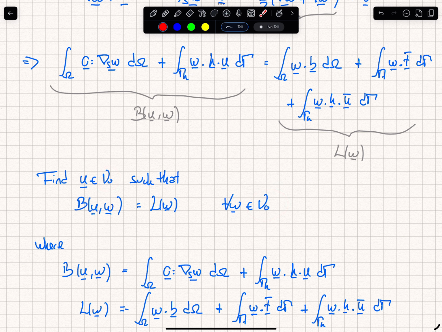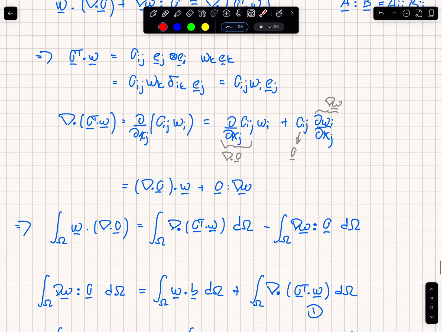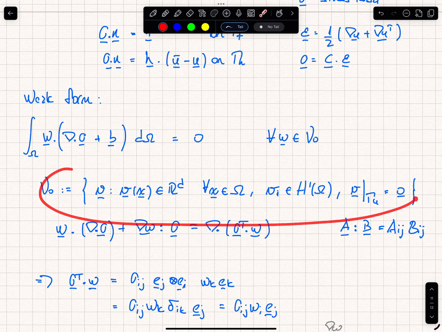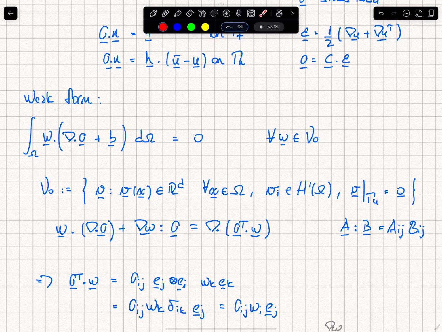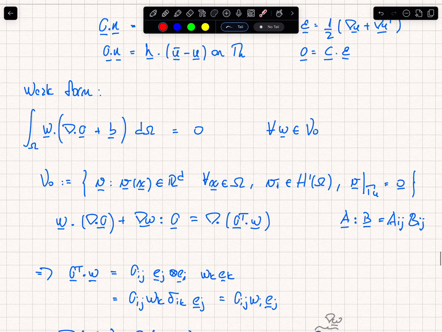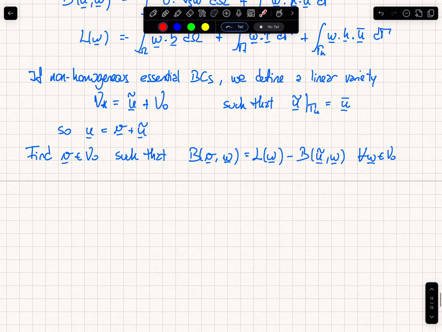This is correct as long as you have zero prescribed displacements, because I'm taking U and W from the same space V naught, and V naught was defined as the set of functions that satisfy zero prescribed boundary conditions. We do this for simplicity, and then in the case that we have non-homogeneous conditions, we define the linear variety, because that's the way we deal with it.